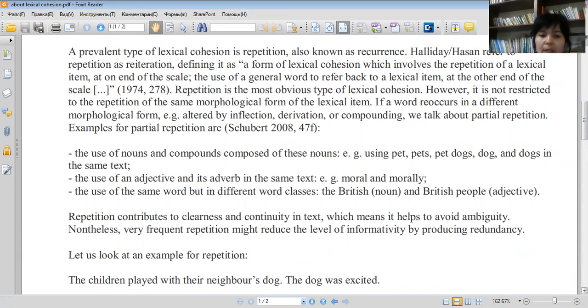Use of an adjective and its adverb in the same text, moral and morally. The use of the same word in different word classes, the British noun and the British people adjective. They are called partial repetitions.